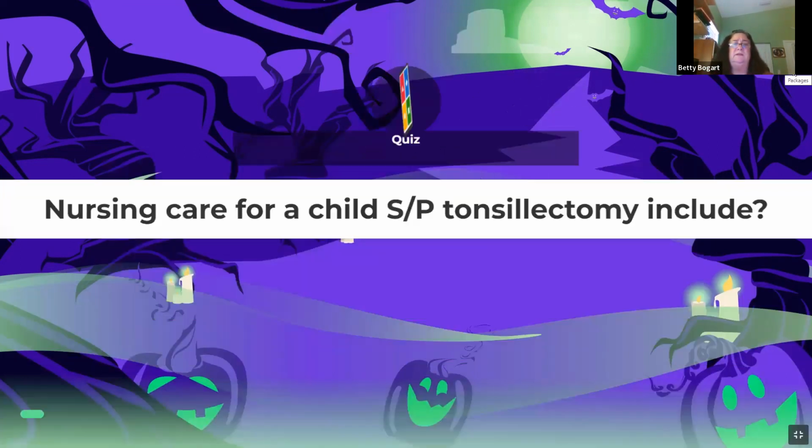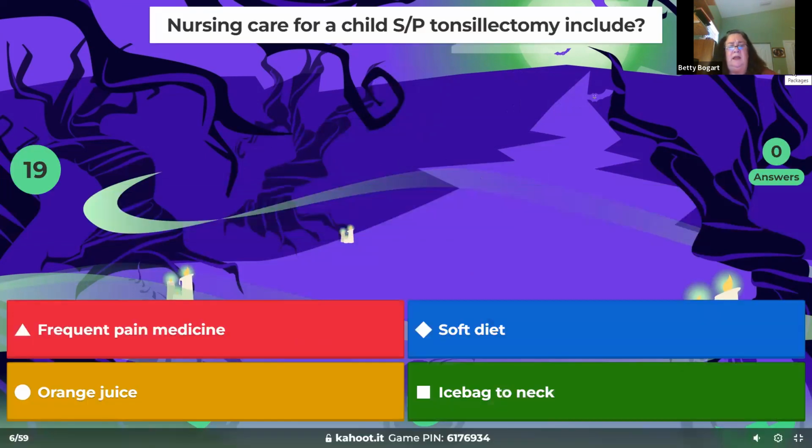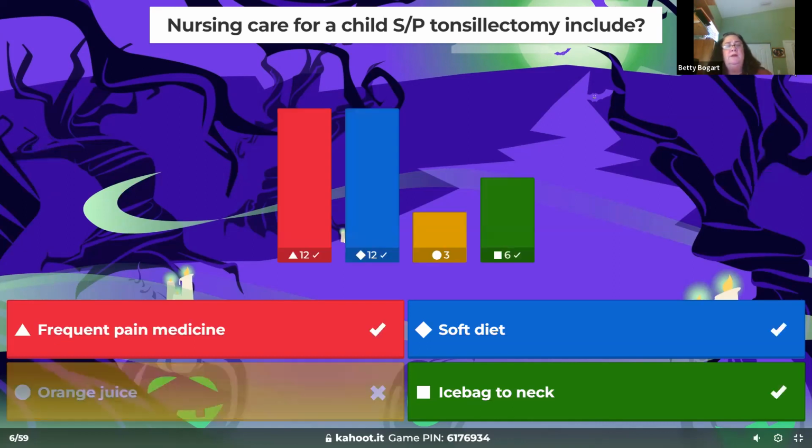Multi-select. Nursing care for a child status post-tonsillectomy includes. So we need to keep that pain under control, and usually it's Tylenol, and they do really well on just Tylenol.